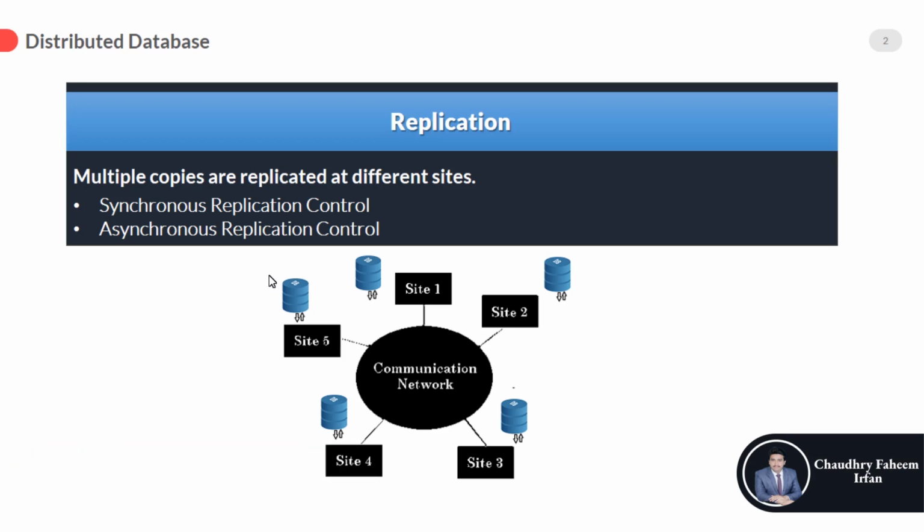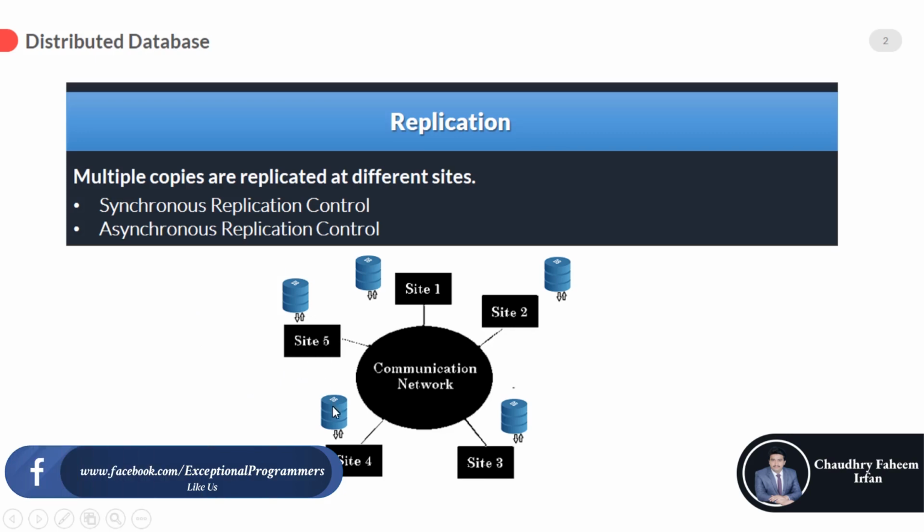If you want to maintain mutual consistency of data in all sites, replication control techniques need to be adopted. There are two approaches for replication control, and these are here.